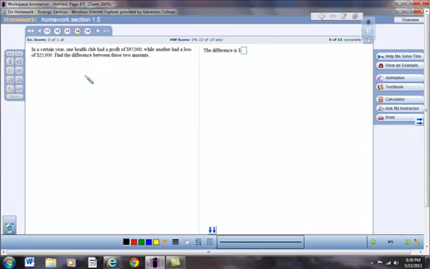Next problem here, it says in a certain year, one health club had a profit of 97,000, while another one, so they both start here, had a loss of negative 25,000. What's the difference?